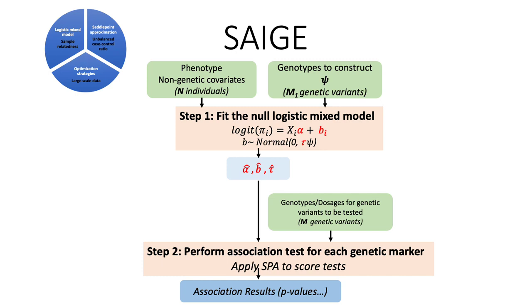SAIGE contains 2 steps. In the first step, the null logistic mixed model was fit with phenotype, covariates, and genotypes that were used to construct the GRM on the fly as input. In step 2, score tests were conducted for each genetic marker with saddle point approximation applied to account for the unbalanced case control ratio of the binary phenotypes.